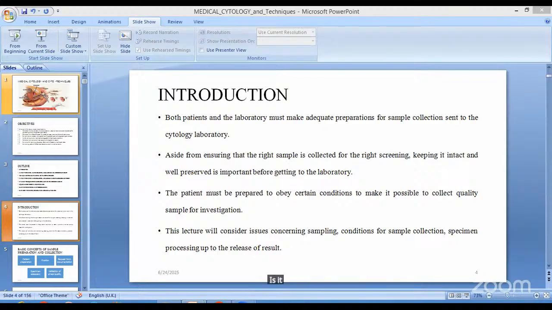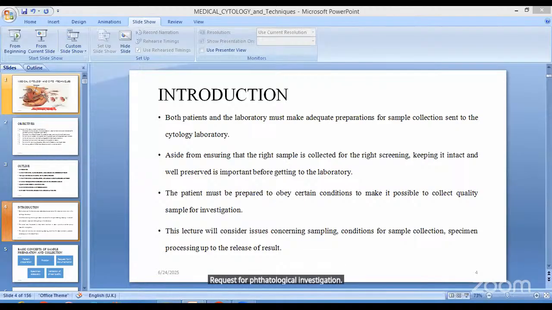Is it going to be for screening? If it is for screening, then the objective is to detect malignancy. Is it going to be for forensic purposes? Is it going to be for research? So there must be a rationale behind the request for cytological investigation.